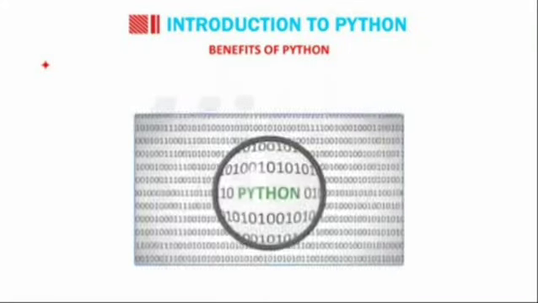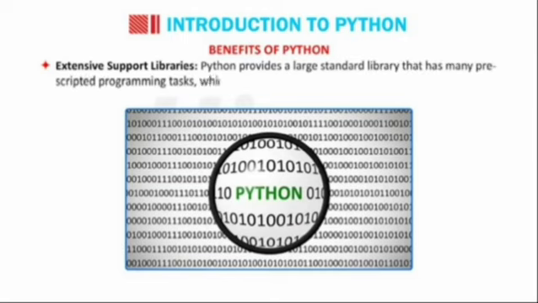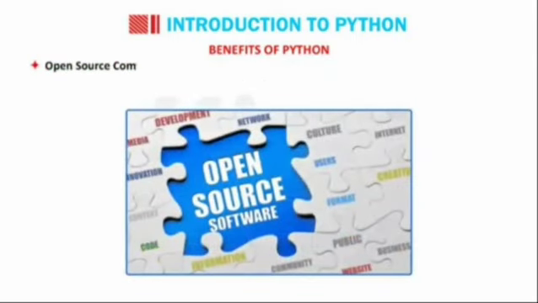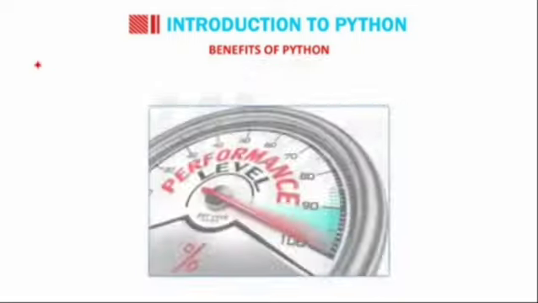Platforms. Extensive support libraries. Python provides a large standard library that has many pre-scripted programming tasks, which reduce the length of the code. Open source community development. It is developed under an OSI-approved open source license, which makes it free to use and distribute.